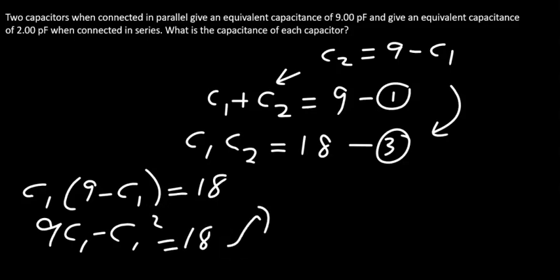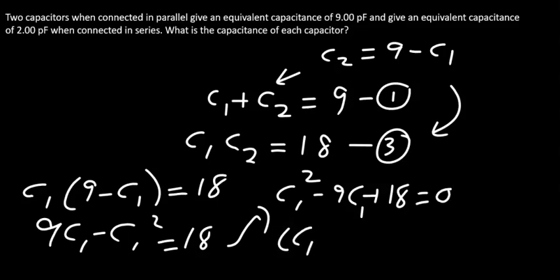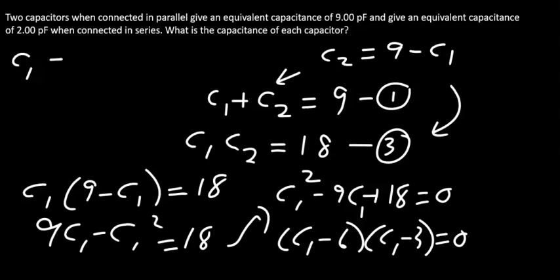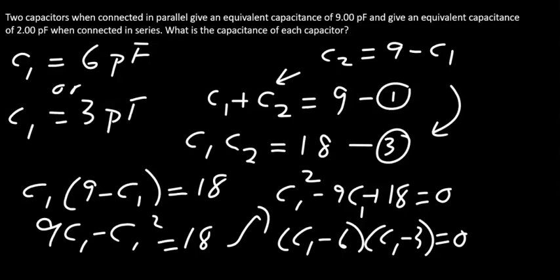So let's bring everything to one side. C1 squared minus 9C1 plus 18 equals 0. When you factorize it, it becomes C1 minus 6, C1 minus 3 equals 0. So you see we have two solutions. C1 could be 6 picofarad, or C1 could be 3 picofarad.